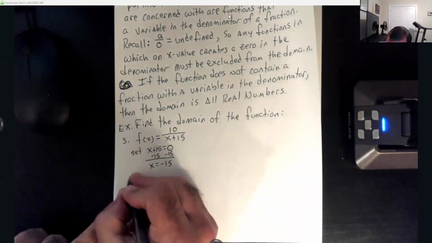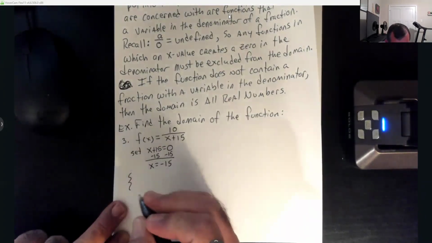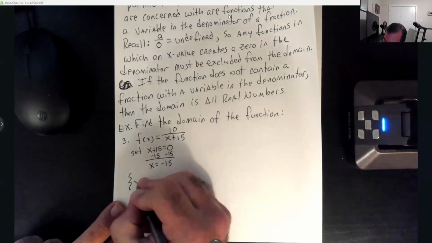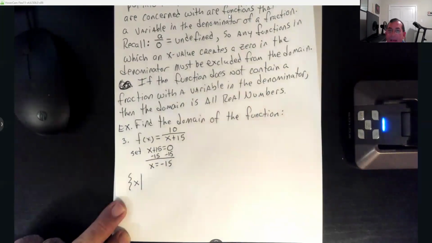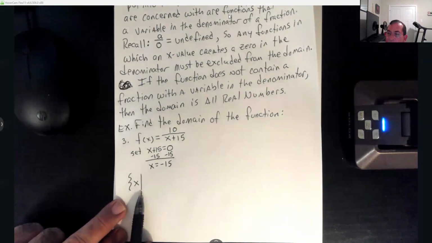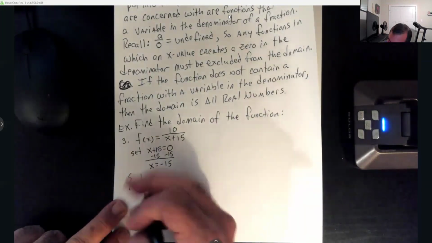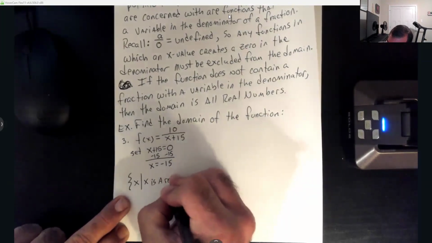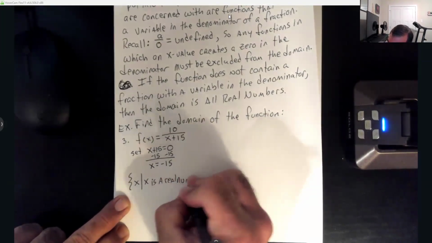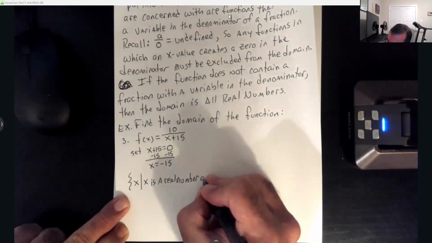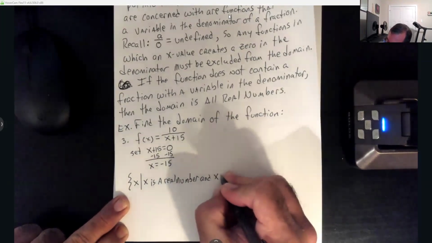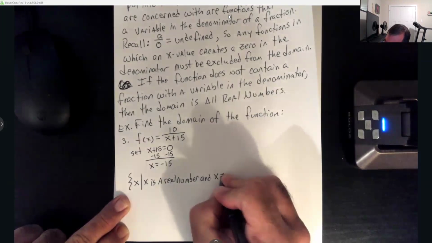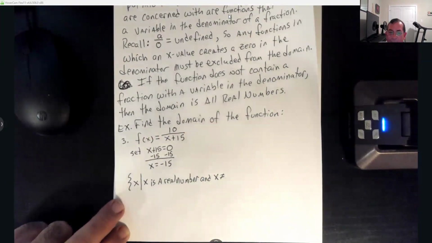So my domain will be x such that, so remember this bar means such that, x is a real number and x cannot equal negative 15.